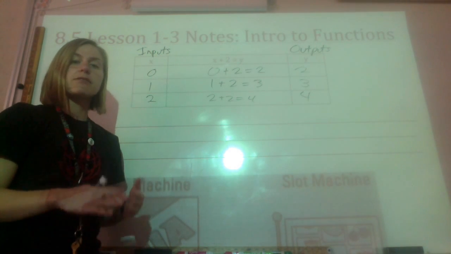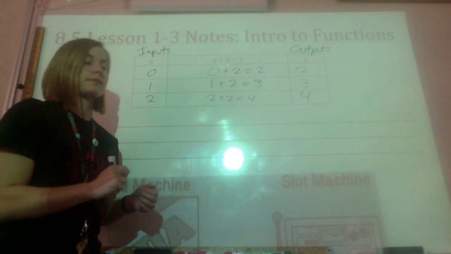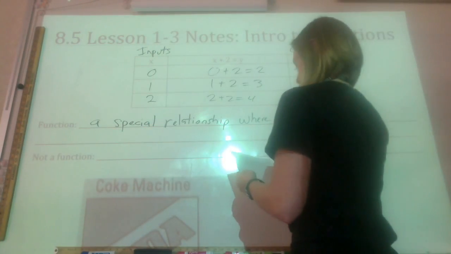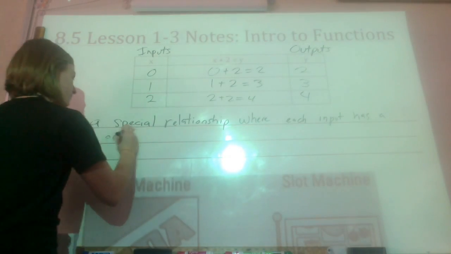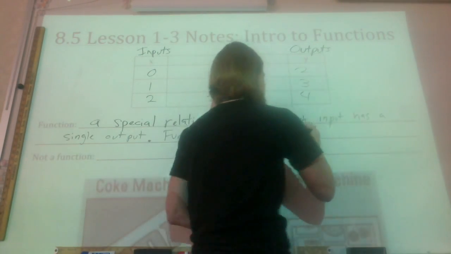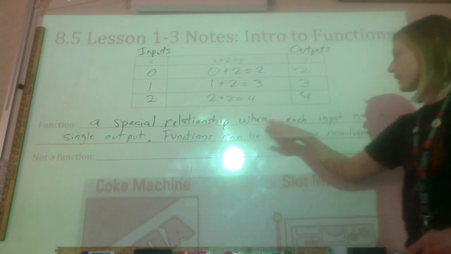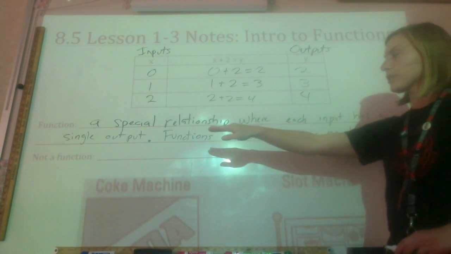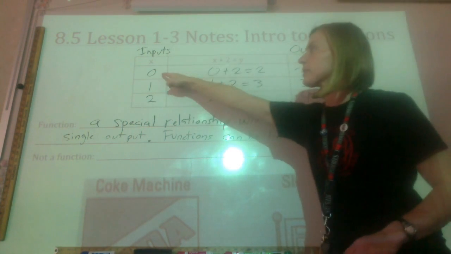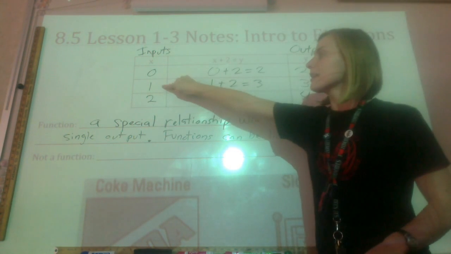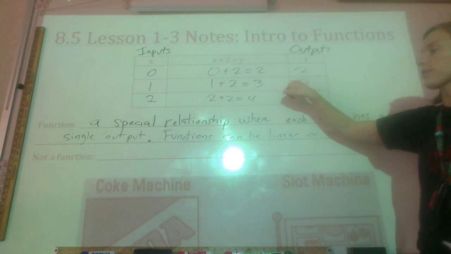So now let's get down the formal definition of our function. So a function is a special relationship where each input has a single output. So just like we saw, every time I put in 0, it has that one output of 2, or every time I have the input of 1, I have that one output of 3.